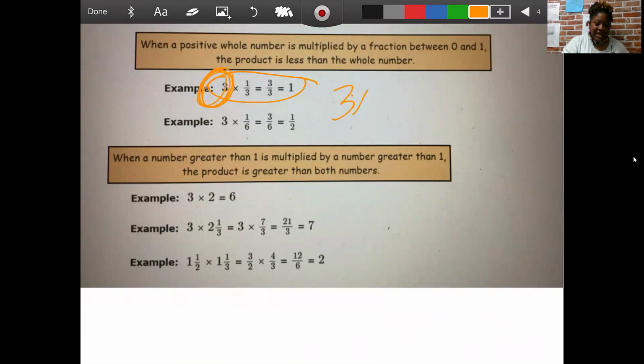So 3 times 1/3 is going to be less than 3. The reason why is because 1/3 is a decimal, okay?